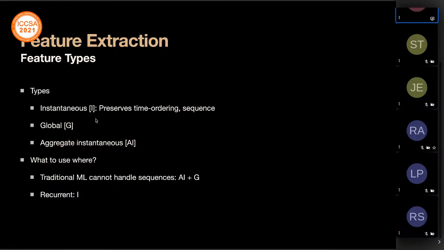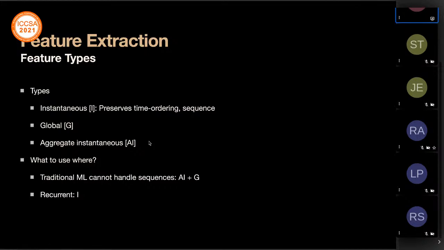The second is global features, where you calculate the feature across the whole audio signal. So for each audio sample, you get one value. And the third is aggregate instantaneous, or AI, where with the instantaneous features sequence that you get, you perform some sort of aggregation, like taking their median or their mean or some other aggregate function to get a single value.